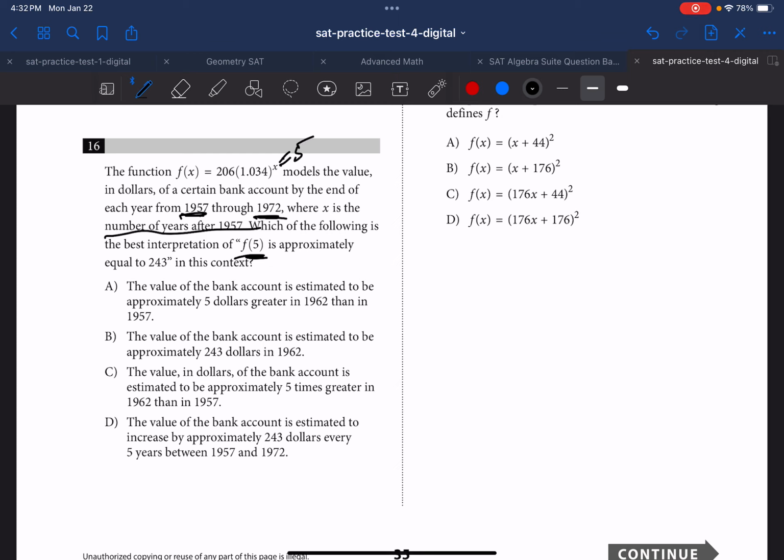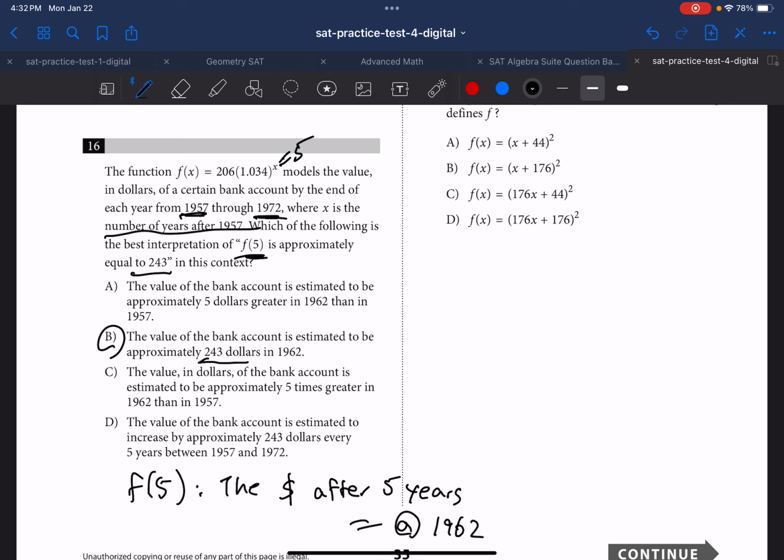So f(5) means the money after 5 years. This means at 1962, it has $243. So the answer would be B, as it is saying the following.